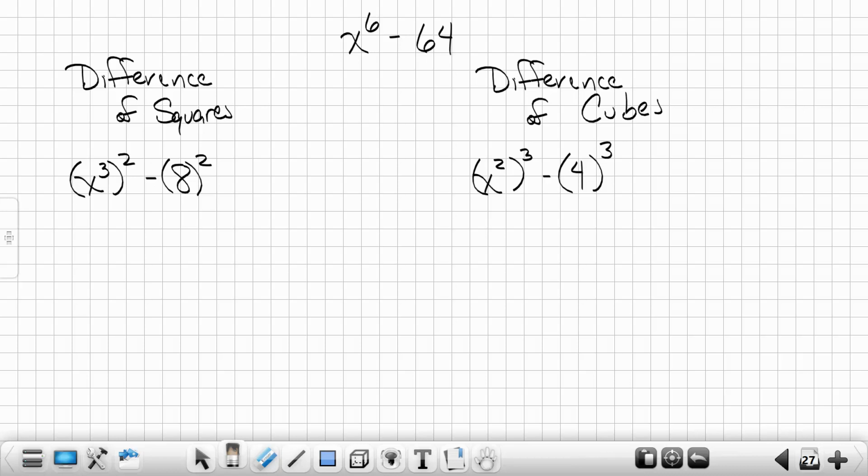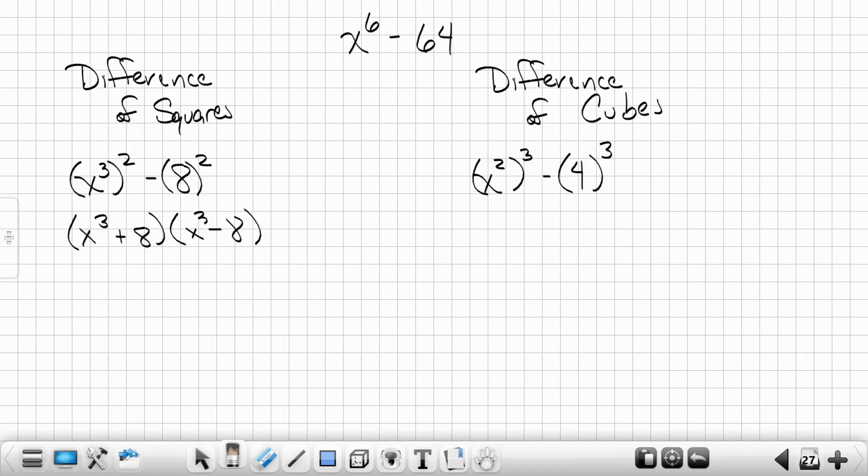All right. So if I have difference of two squares, that turns into x cubed plus 8 times x cubed minus 8. That's how difference of squares works. Difference of cubes.